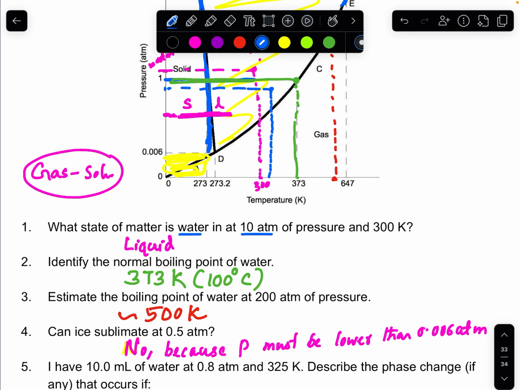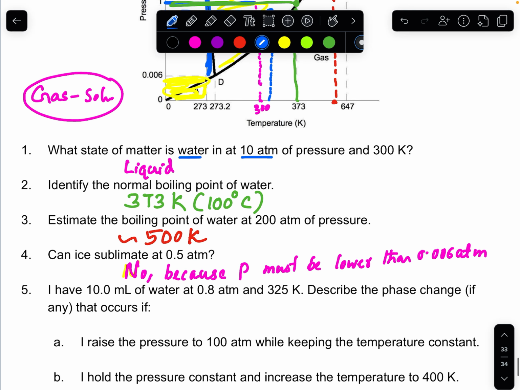So that will still be liquid. So no phase changes, it will be liquid itself. Liquid means it is water itself, right? So no phase change.